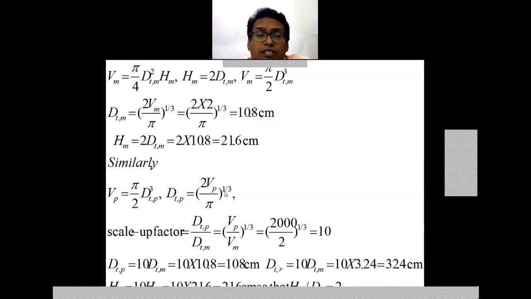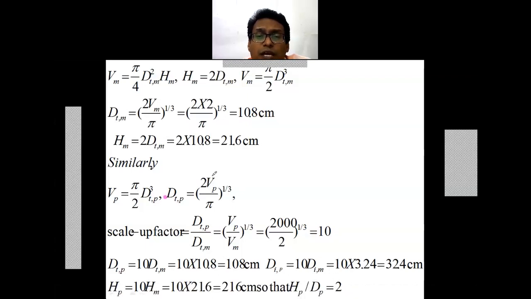So the relationship, your scale factor, is dTp equal to 2Vp upon pi raised to 1/3, and dTm equal to 2Vm upon pi raised to 1/3.